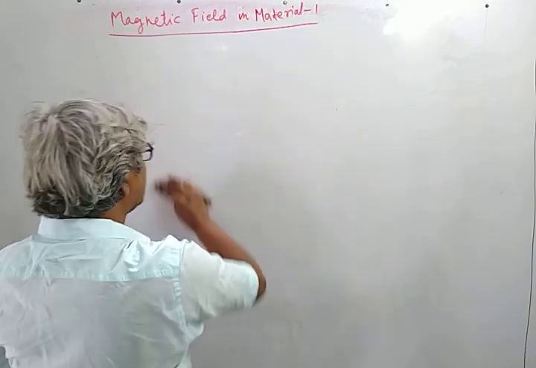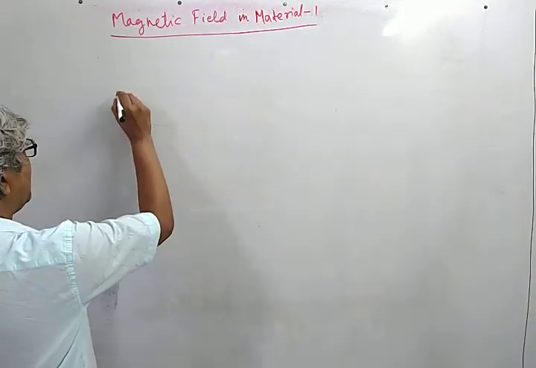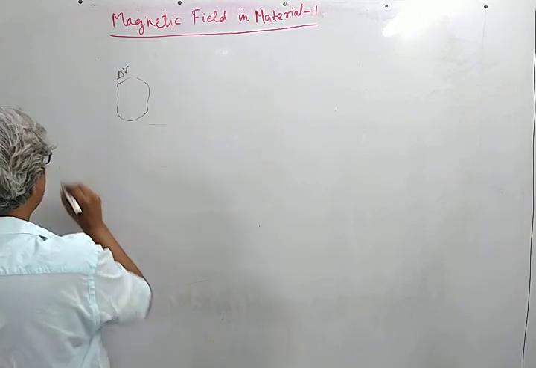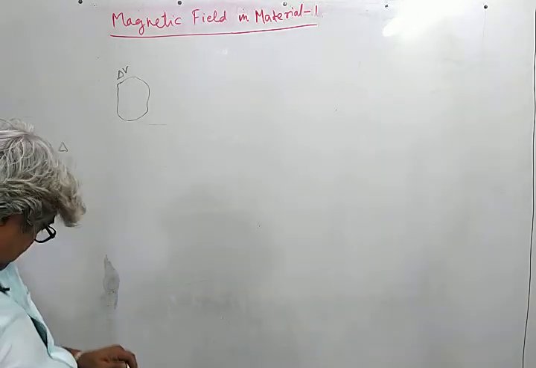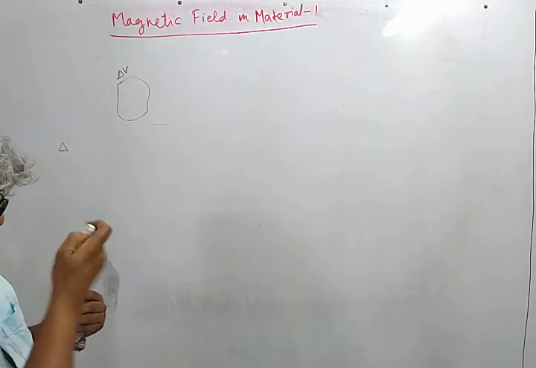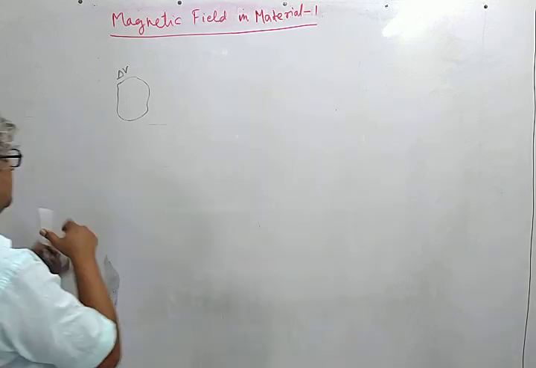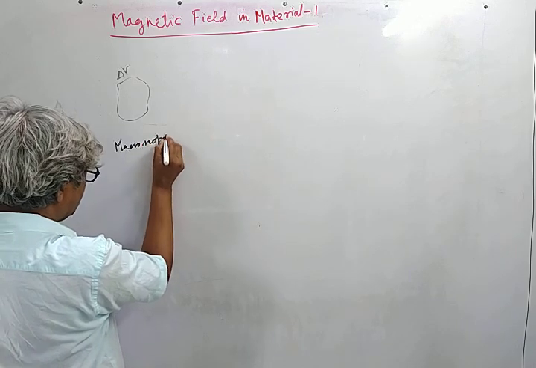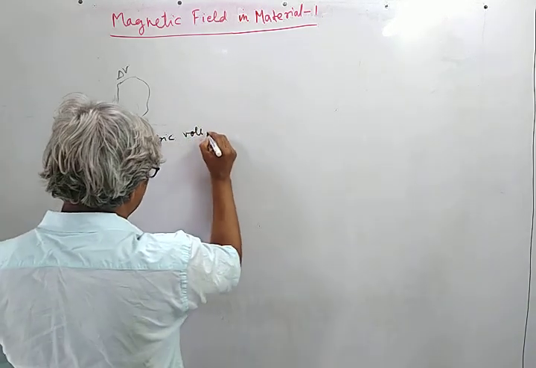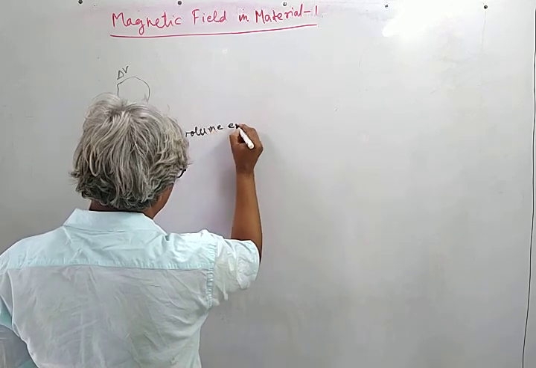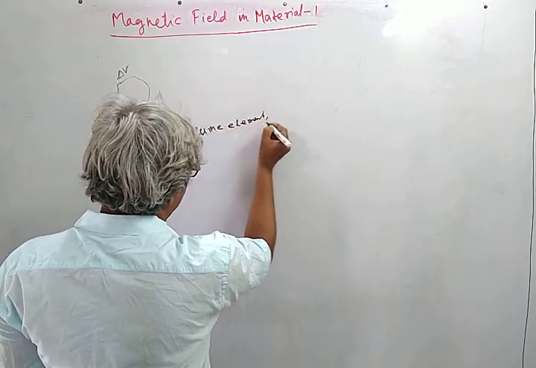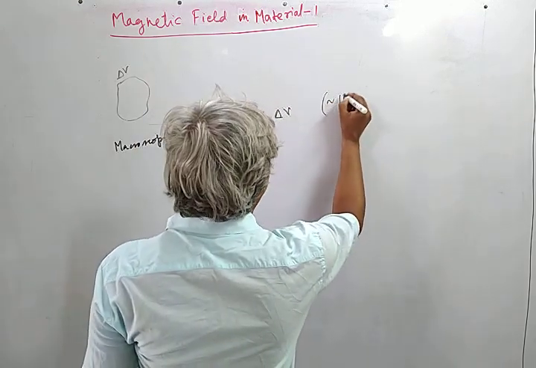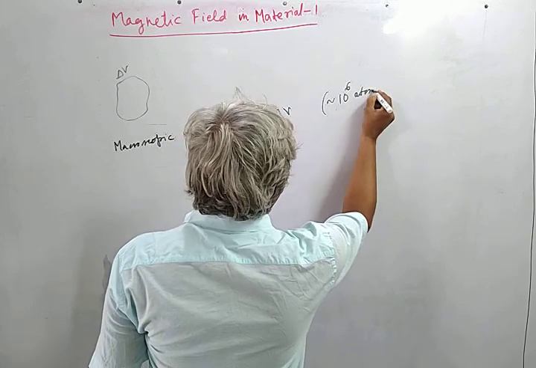In electrostatics, we consider a macroscopic volume delta V. By macroscopic volume, we mean that delta V does not go to zero, and it contains approximately 10 to the power 6 atoms or so.